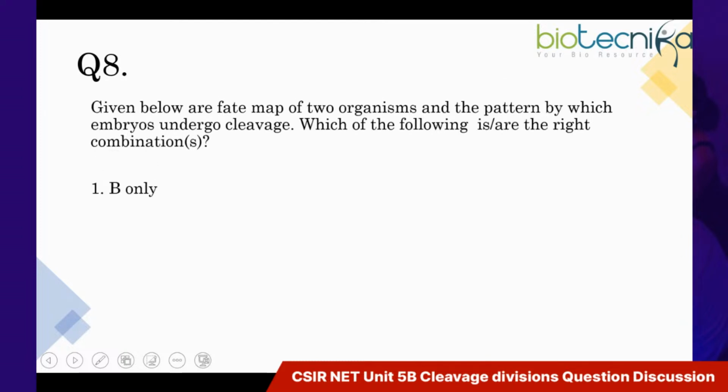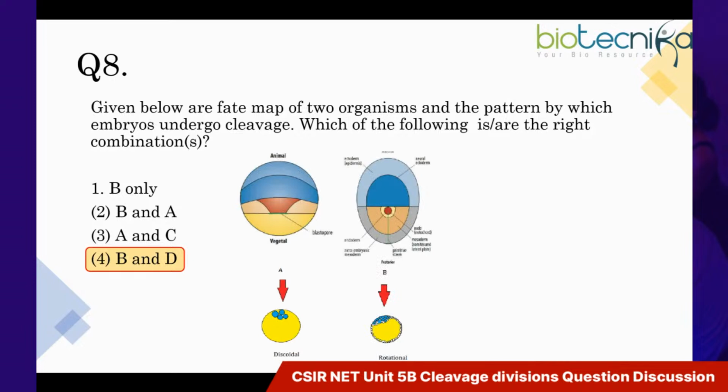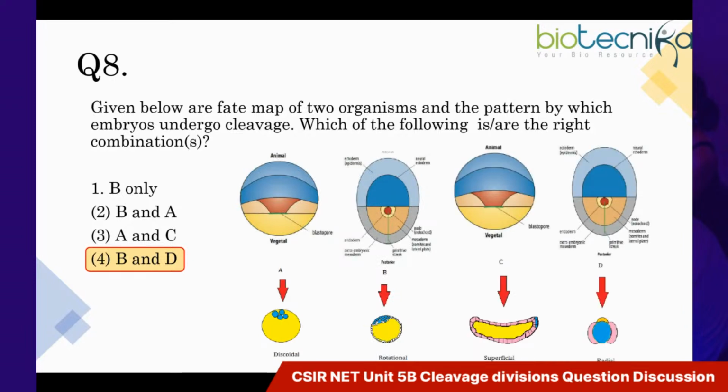Then below given are fate maps of two organisms and the pattern by which they undergo cleavage. So which of the following combinations will be correct? Here I want to just show you the diagram. This is for one type of animal, and they have undergone this discoidal cleavage.